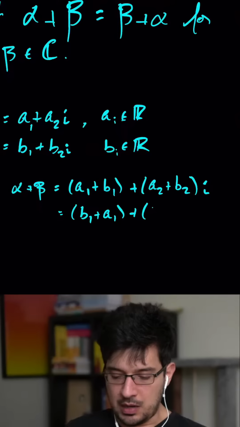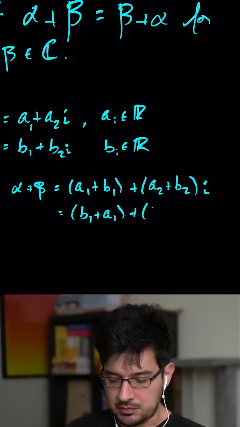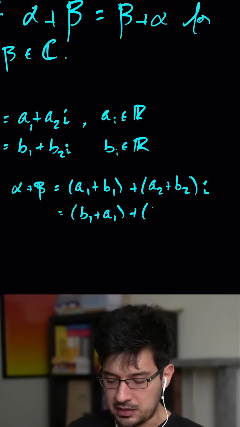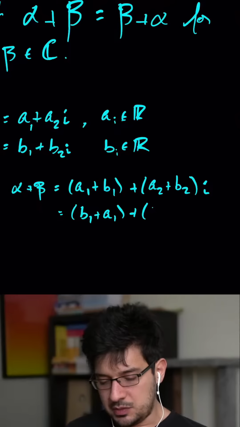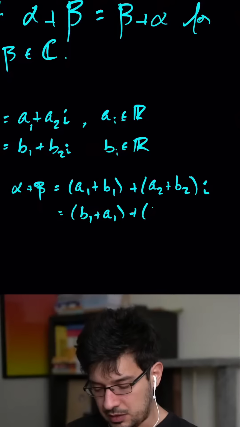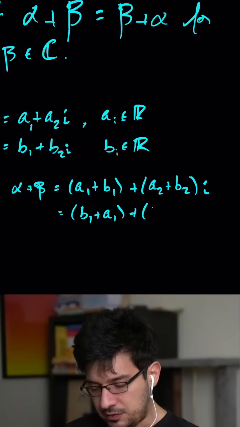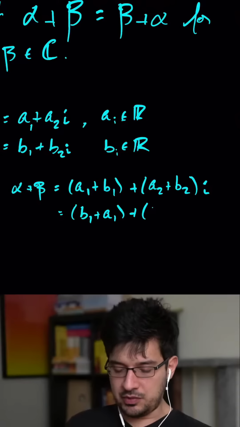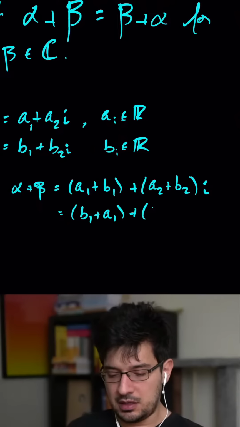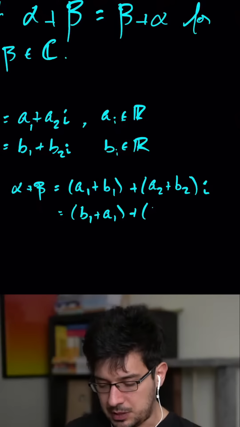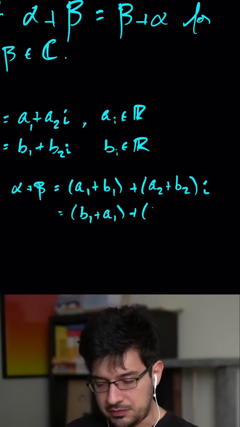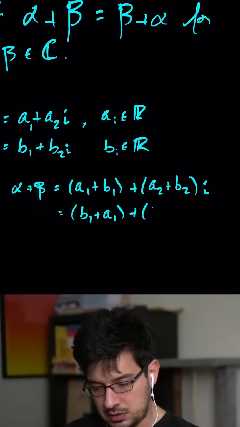So I can swap each of these terms around the plus signs on the inside. We are not doing a circular definition here, because we are assuming commutativity of the real numbers. We are not assuming it of the complex numbers. There's a difference, I suppose.